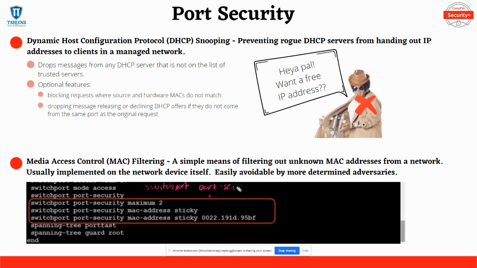And this is specifying on that switch port of that switch that only this MAC address is allowed, and there's only a maximum of 2 MAC addresses allowed on the port. And if more than 2 MAC addresses get sent to that port, it's going to put it in what we call an error disabled mode. And that switch port will no longer be able to forward frames.